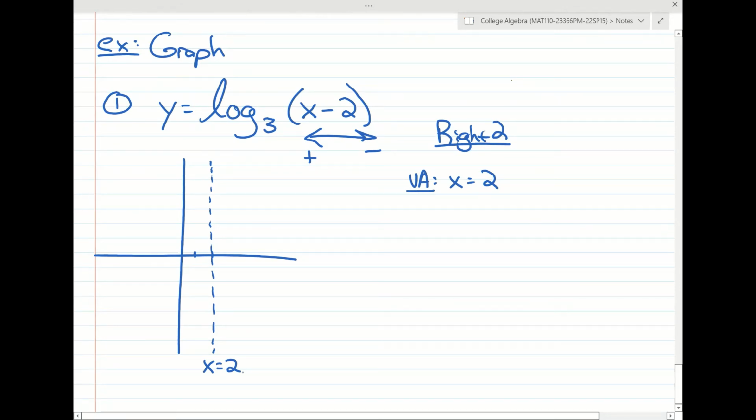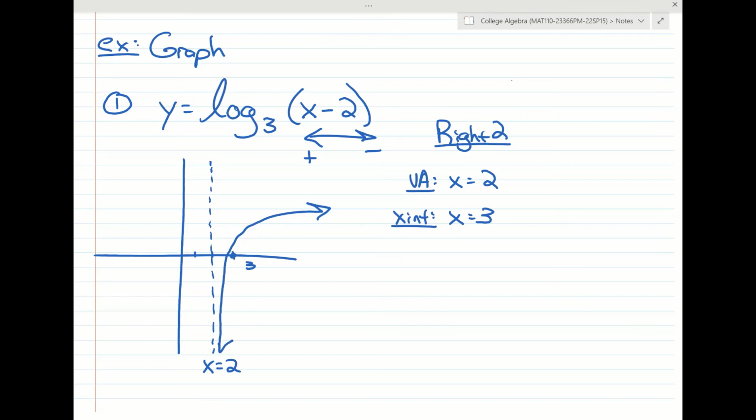Also, if you look at the parent graph, we said the x-intercept was 1. So if you move 1 two units to the right, the x-intercept is now going to be 3. And the graph will look something like this. This much is as much as you need to know about log graphs. Let's do another one where we move the other way, and we'll finish with applications.